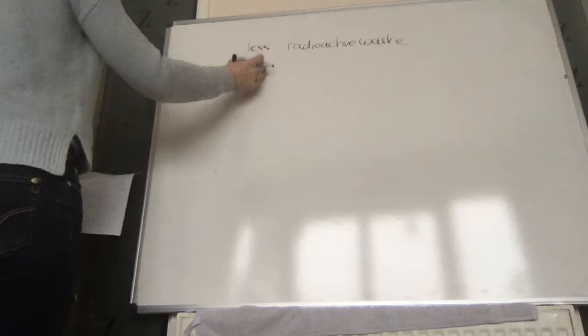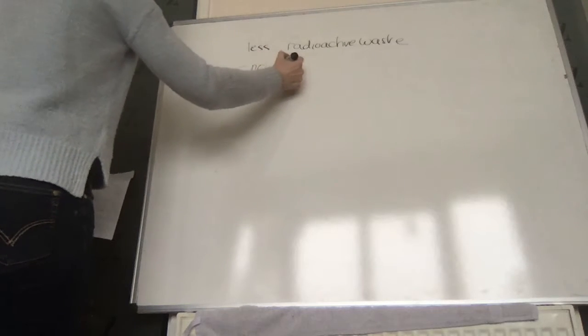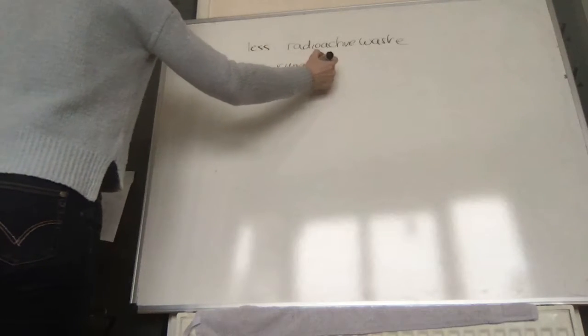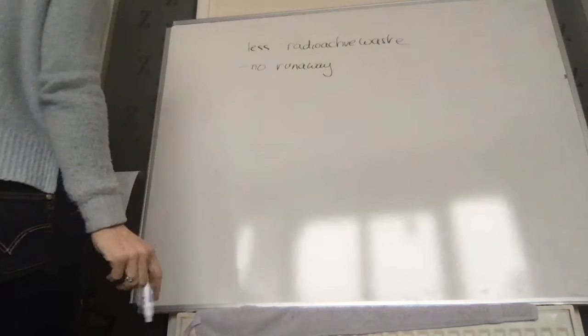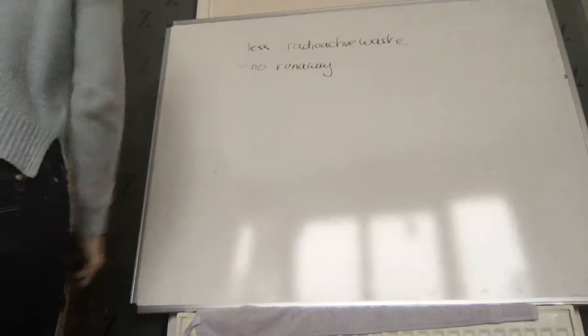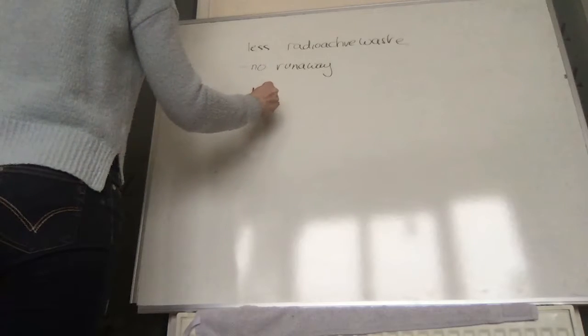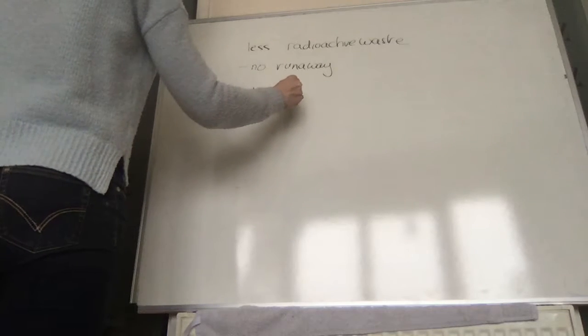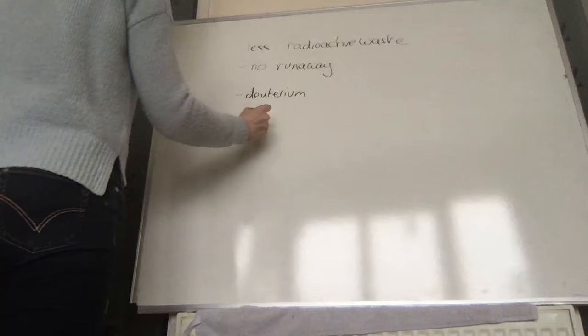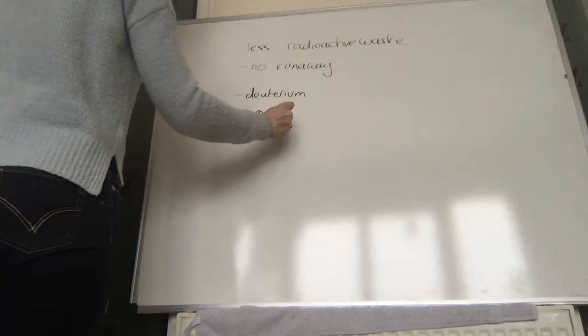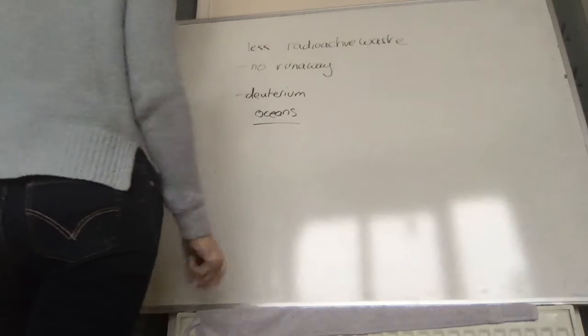You have no possibility of a runaway out of control situation. And the fuel is readily available. Deuterium is available. Remember, that's just an isotope of hydrogen. It's readily available in our oceans and it's easily and cheaply extracted.